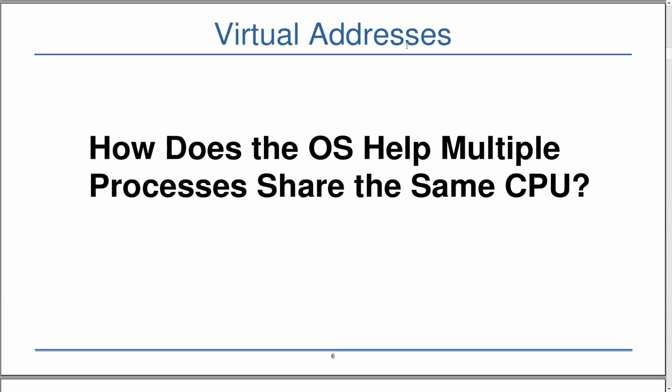So how do you run multiple processes when their number is higher than the number of cores you have? It doesn't have to be significantly higher, just higher, not the same number. So how does the OS help us run these multiple processes?